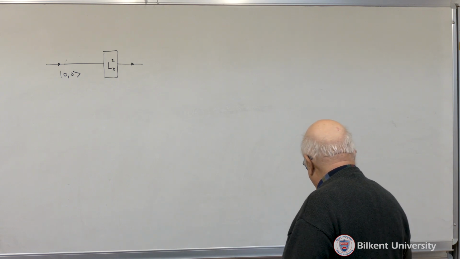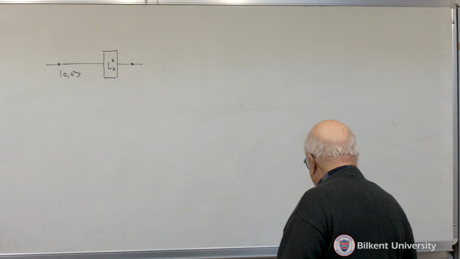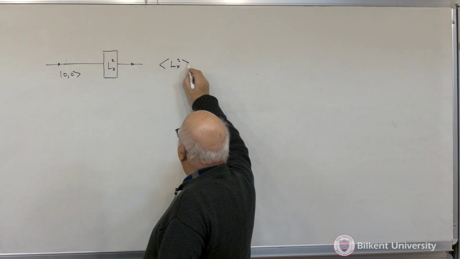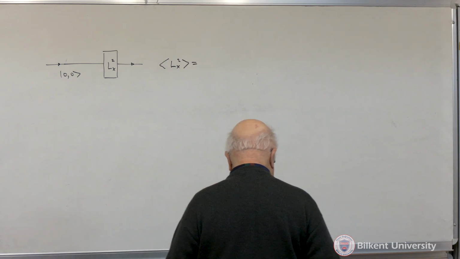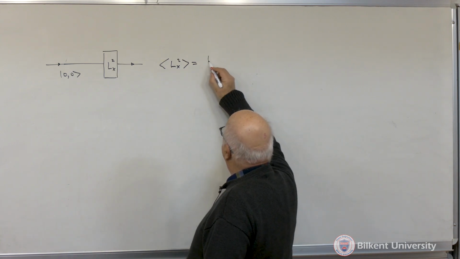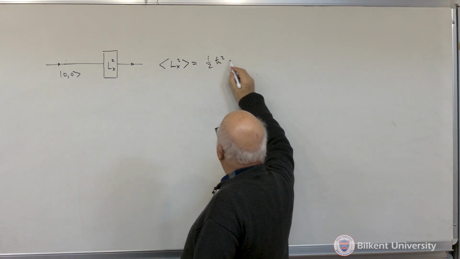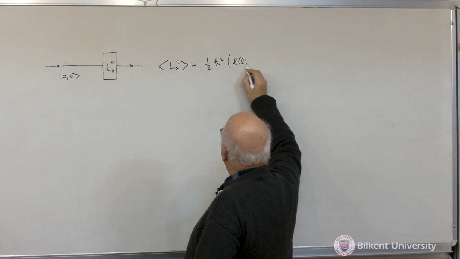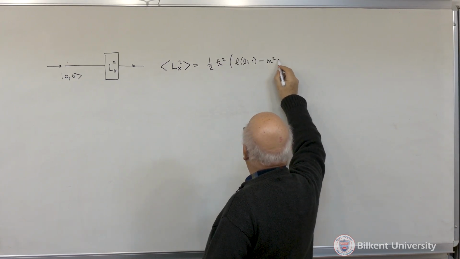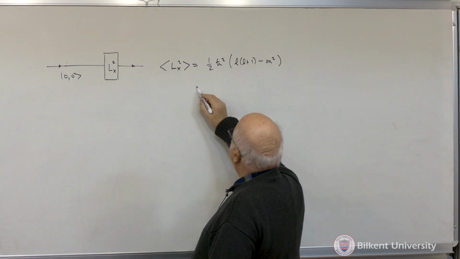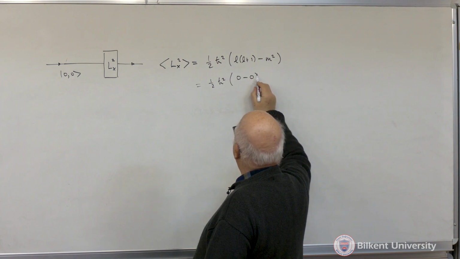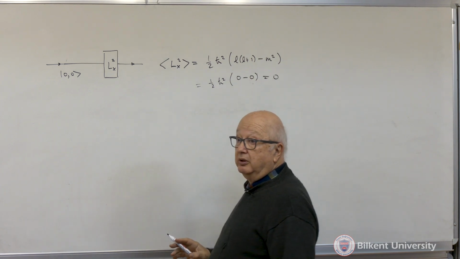Now this Lx squared average is going to be equal to 1/2, I'll just write the equation again, L plus 1 minus m squared. So it's 1/2 h bar squared times 0 minus 0, which gives you 0.